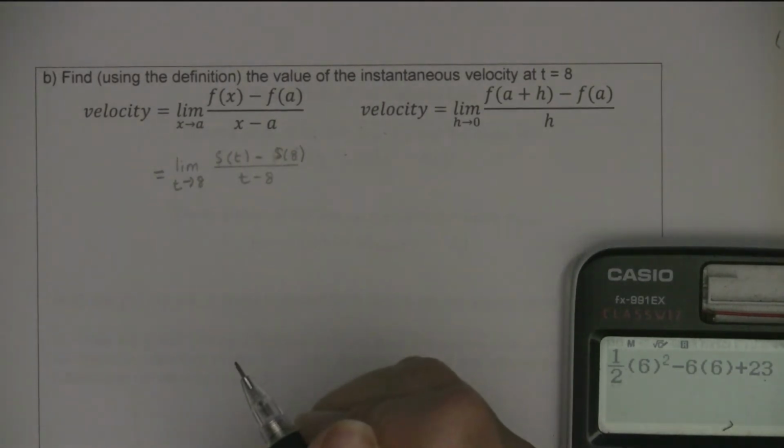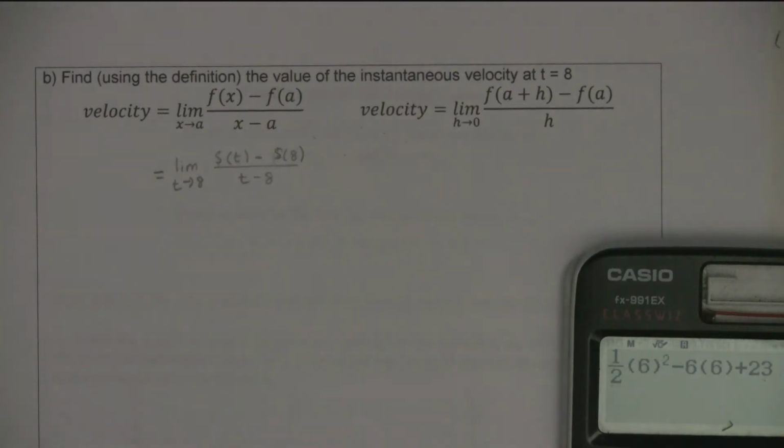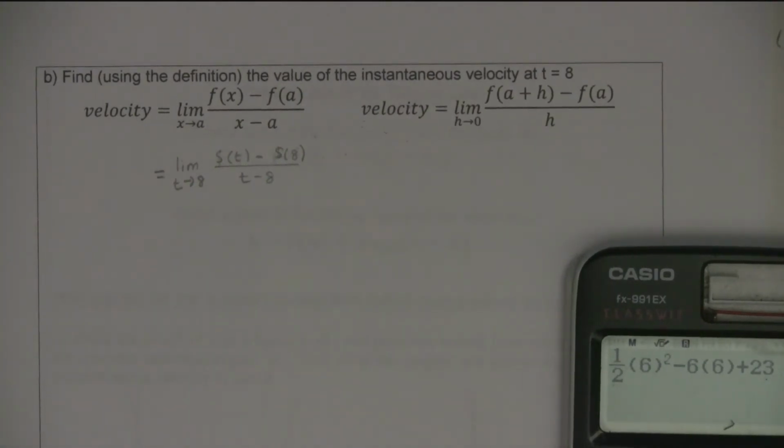I usually don't rewrite the notation, but I know that really confuses students when I just keep it as f and pretend like it was f and x, even though they had changed the variable to be s and t.